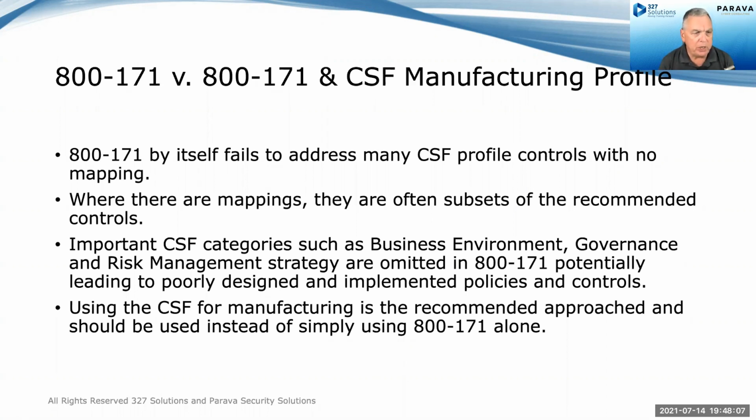If you use the cybersecurity framework profile for manufacturing, it is the recommended approach for control implementation of 800-171. And the fact that it is so adaptable to future governance and regulatory requirements and compliance requirements would be the primary reason to go with the cybersecurity framework profile instead of simply using 800-171 by itself.